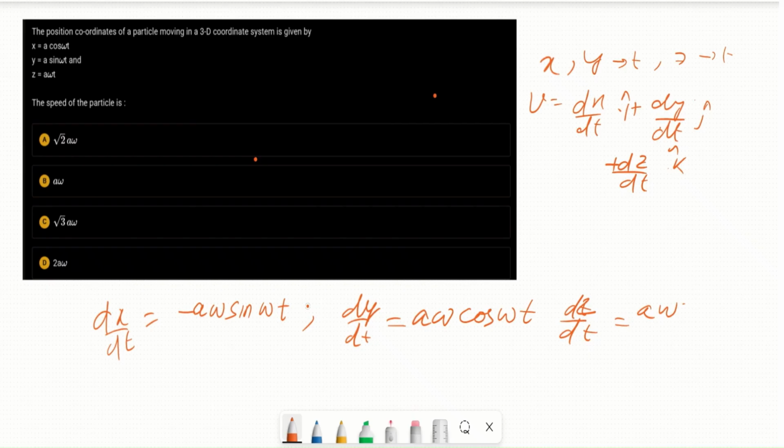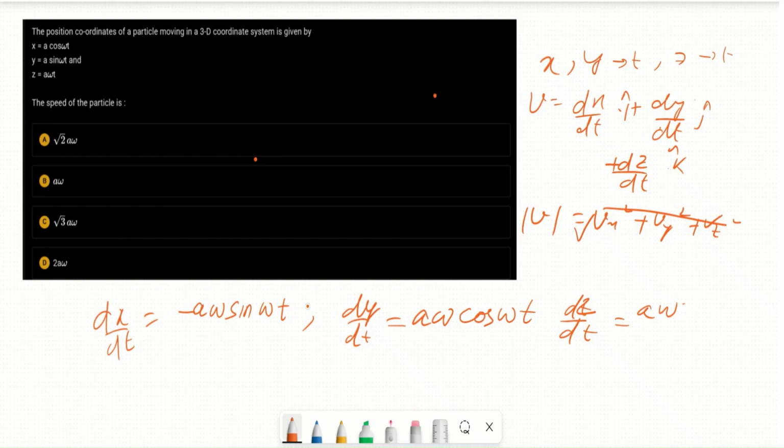And here when we know v, what is v mod? What is the velocity v? It is the square root of vx square plus vy square plus vz square. That's what we know. We already have vx here. We have vy. We have vz.